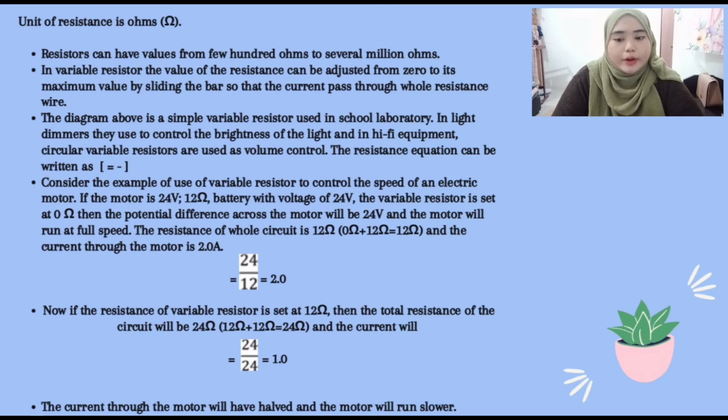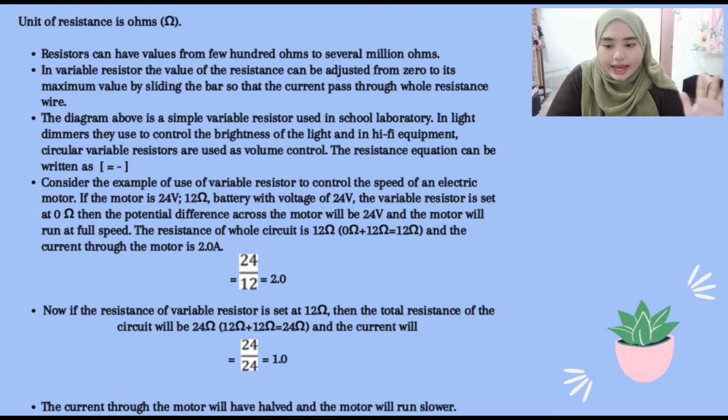The diagram above is a simple variable resistor used in a school laboratory. Light dimmers use it to control the brightness of the light, and in hi-fi equipment, circular variable resistors are used as volume control. The resistance equation can be written like that.